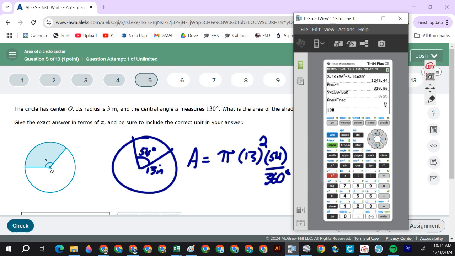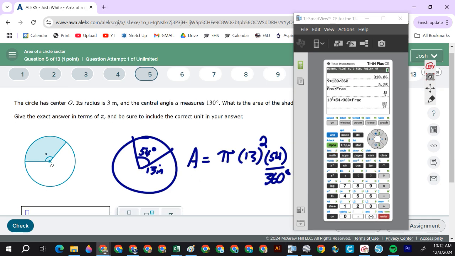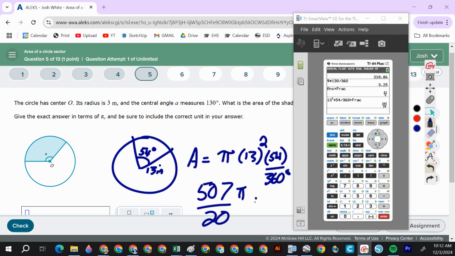So 13 squared times 54 out of 360, math fraction. So my sector is 507 pi over 20 inches squared.